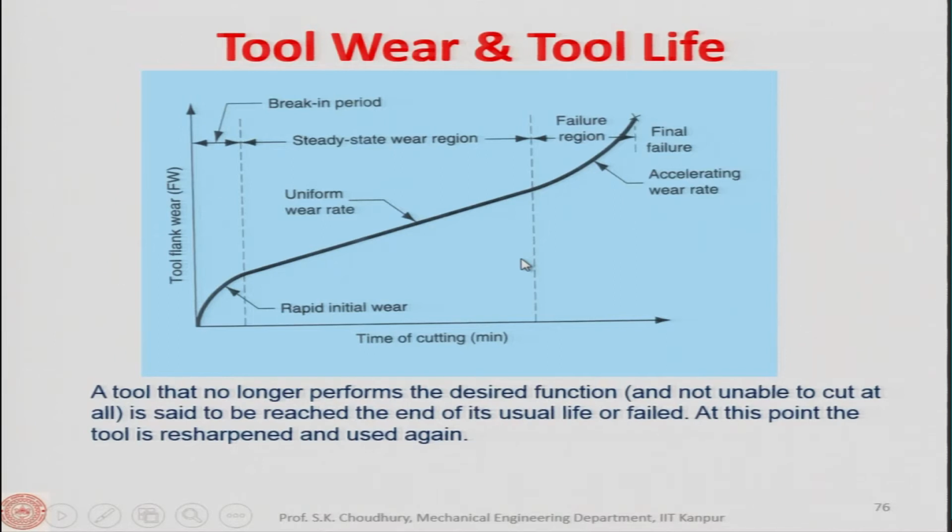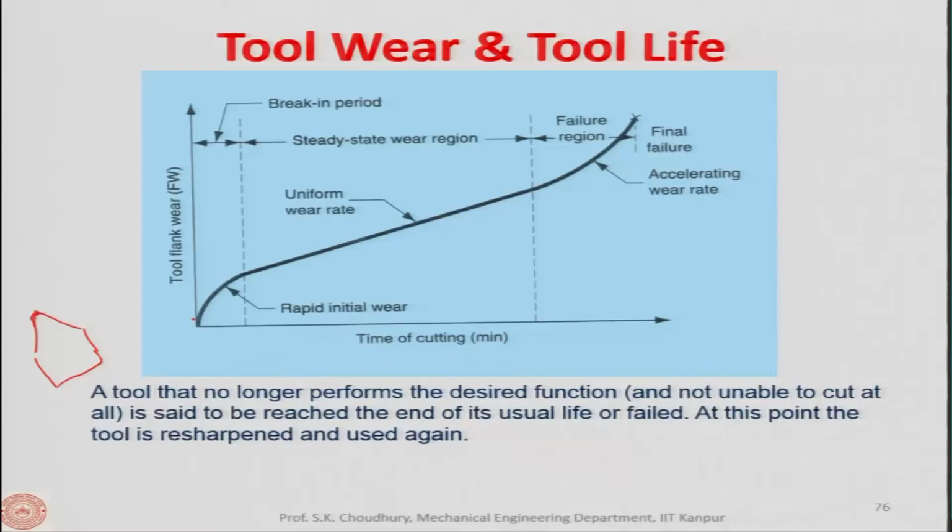Now, the initial break in period is because the tool is sharp, as I said. It may have the sharpness, or it may have a little round of the nose radius, but as soon as the tool comes in contact with the workpiece, initially it gets worn out, particularly when the tool tip is sharp.